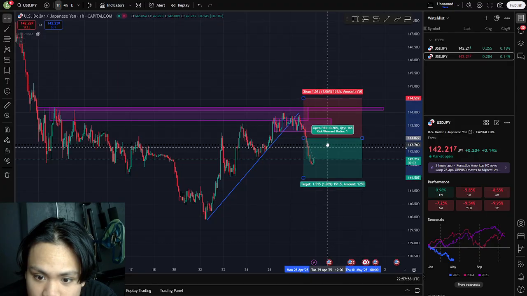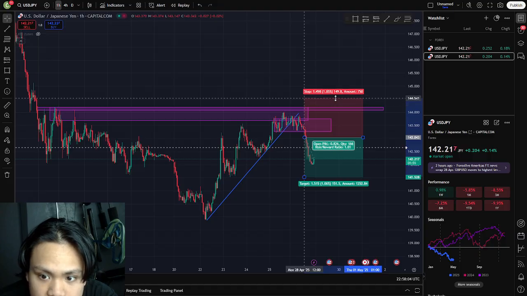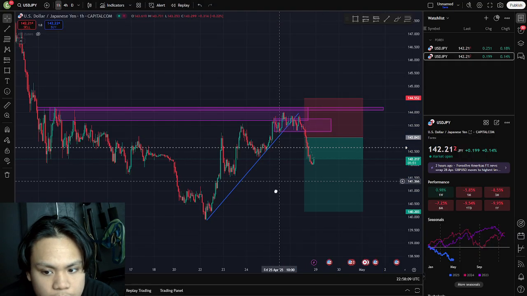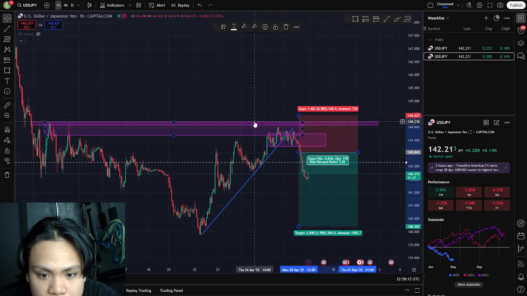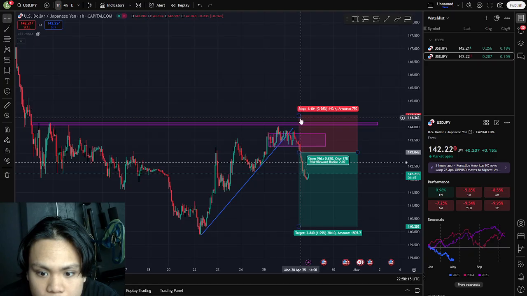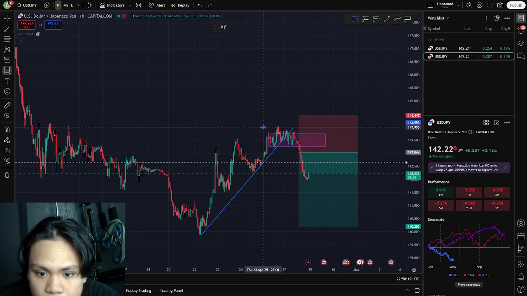But look at this. I could have entered a trade over here, around 150. Or let's say here. It has to be above this right here. Hold on. There's resistance over here, so you can see there's a resistance.